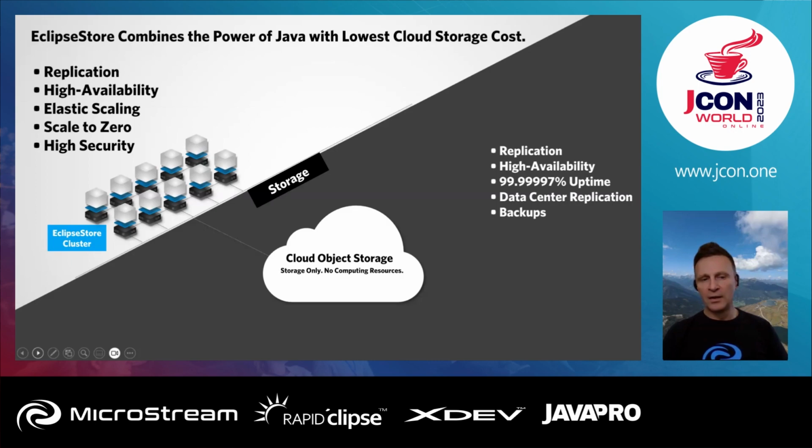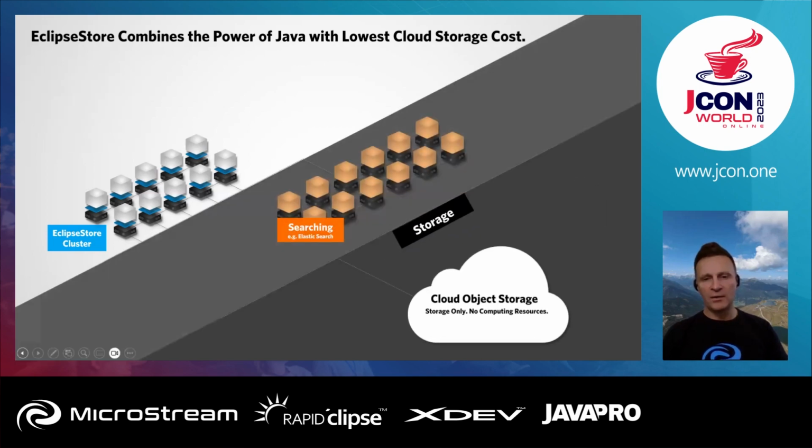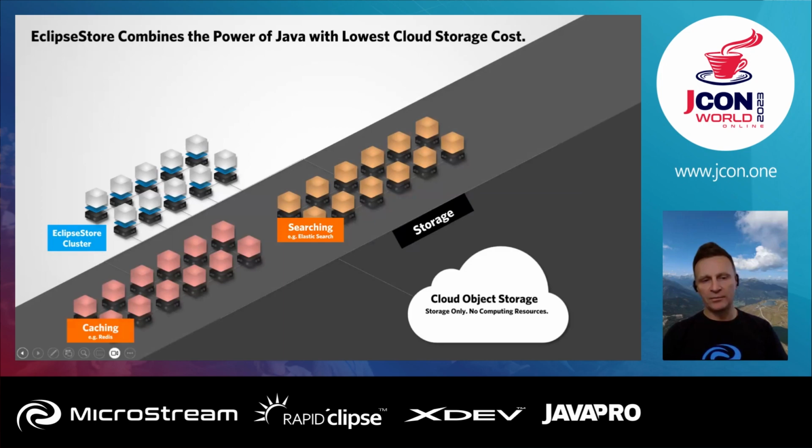You will still save a lot of money, even if you run Eclipse Store instances with 16 gigabyte memory or 32 gigabyte memory. This is really okay, and it's not really expensive in comparison to running all of these clusters.